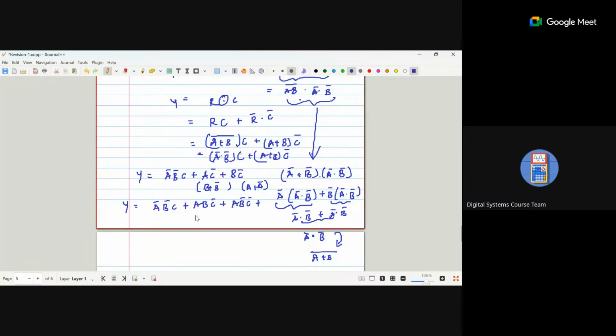So that will be A B C complement, which will be the same as this one, plus A complement B C complement. Correct? Now what is the minterm for the first one? This is 0, 0, 1. What is 0, 0, 1? 1, right?